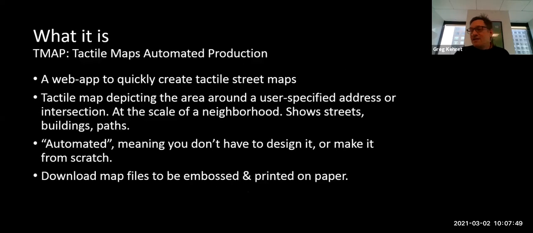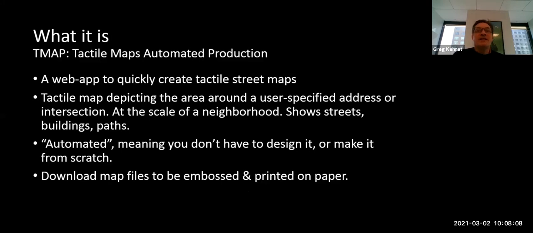So Tmap, I should tell all of you what this is. I suspect many people have at least heard rumors about this. Tmap is Tactile Maps Automated Production. It is a web app to quickly create tactile street maps.